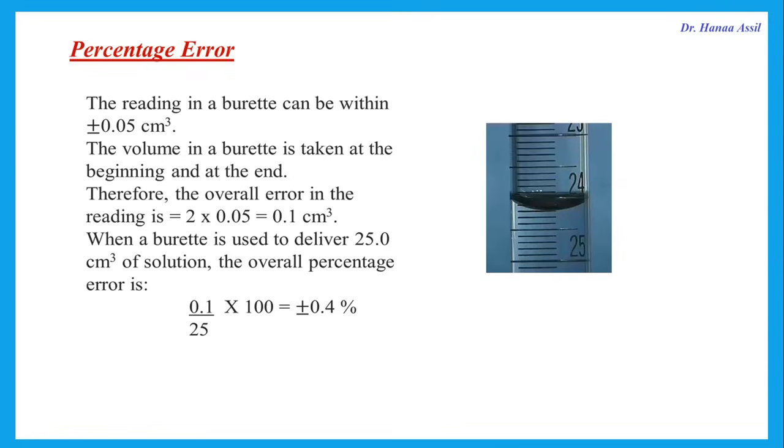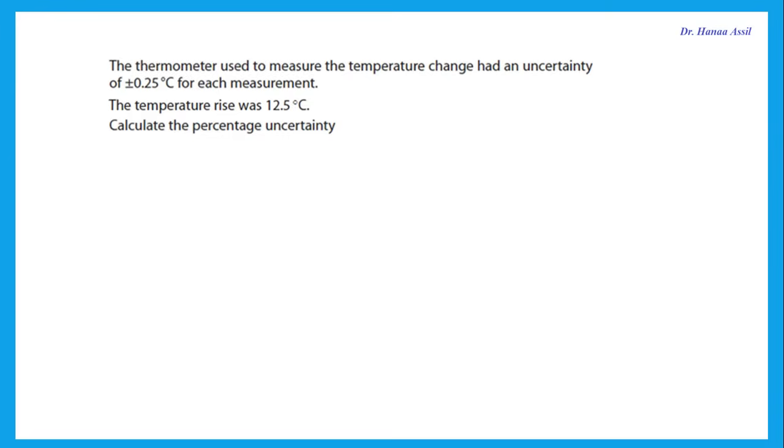Over the reading that we took times 100, and that means the uncertainty is plus or minus something percent. Again, if we're using a thermometer, the percentage uncertainty would be twice what we're given, because when we read a temperature change, for example, we're told that the temperature rise was 12.5.